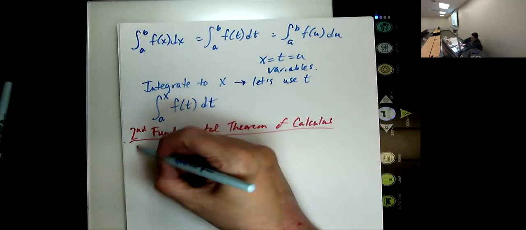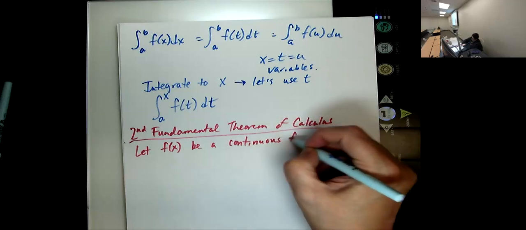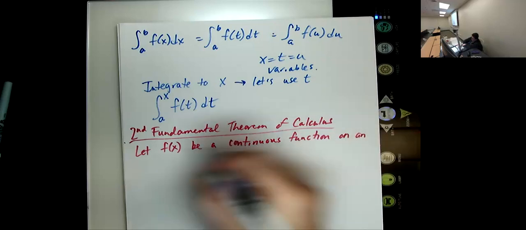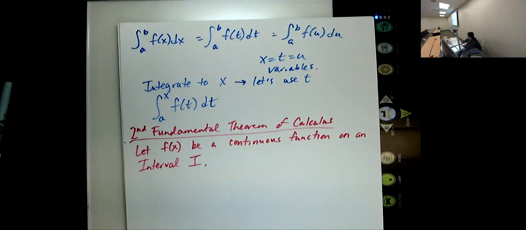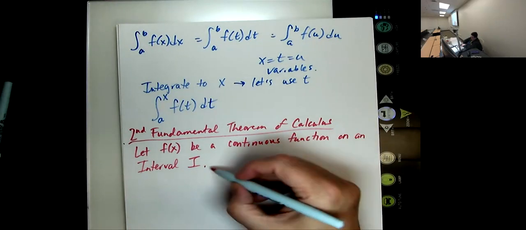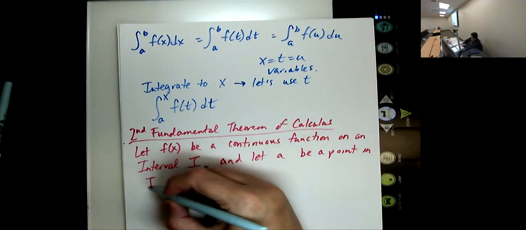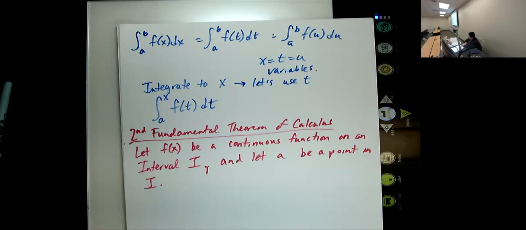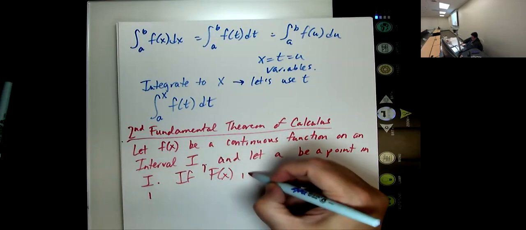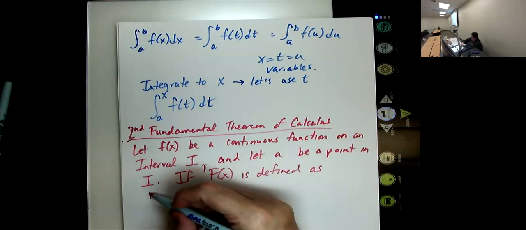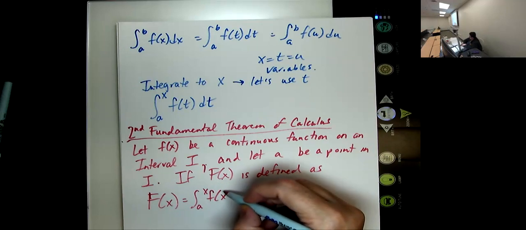Let f be a continuous function on an interval I, and let A be a point in I. If F of x is defined as, I don't want to use x.